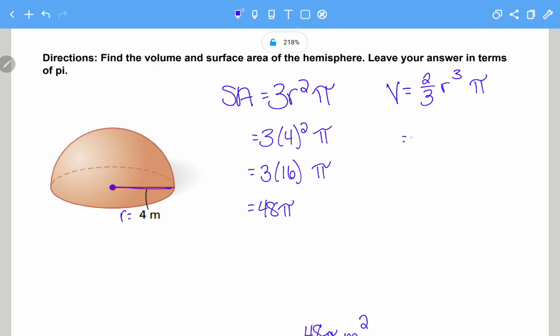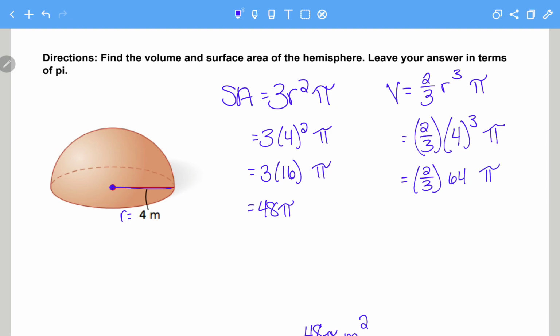Now let's use our volume one. So now we have 2/3. So we're either going to multiply by 2 and divide by 3, or we're going to put that 2/3 in parentheses. My r is going to be 4 still, and it's going to be 4 to the 3rd power. So 2/3, 4 to the 3rd power is 64.